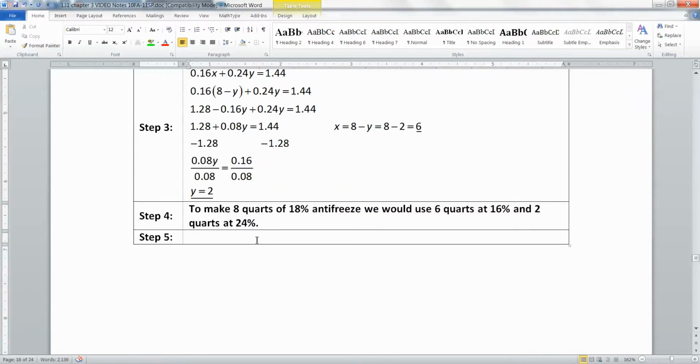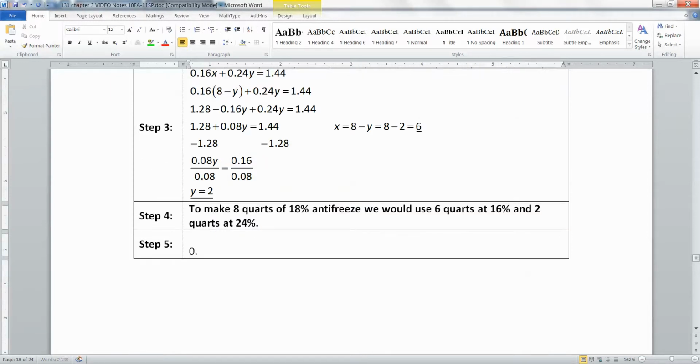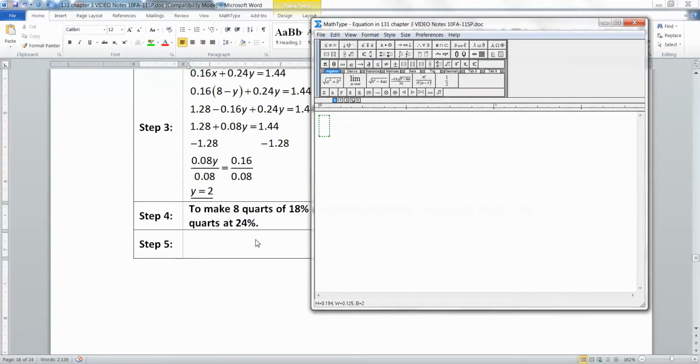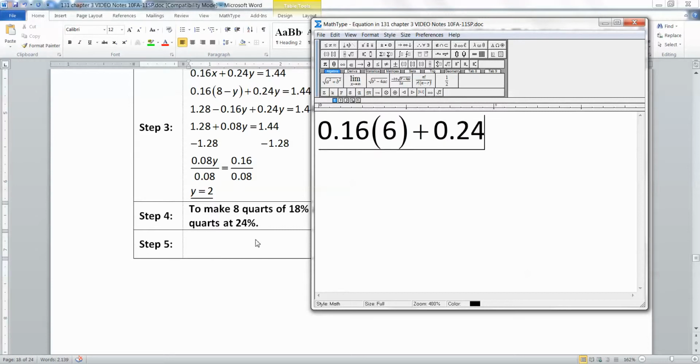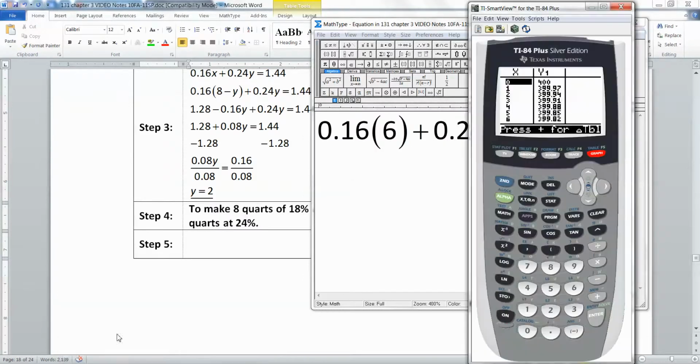So I suppose we could do that. We could say, okay, 0.16 times 6, plus 0.24 times 2, and I could find that with a calculator, right? Good.